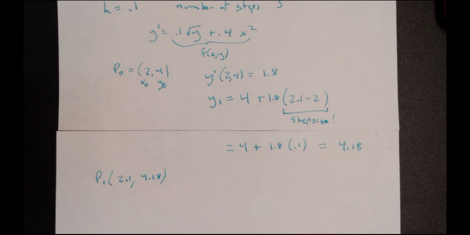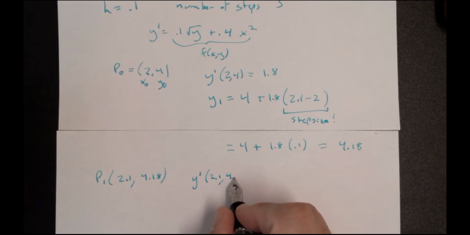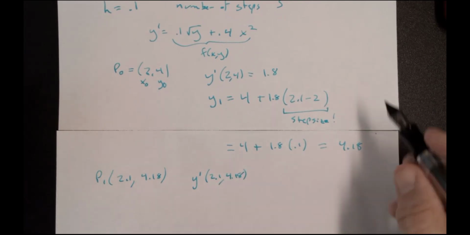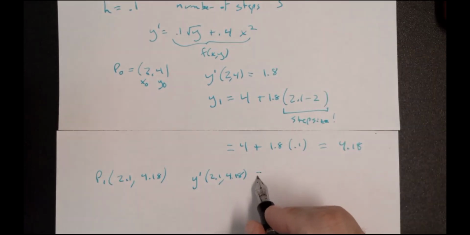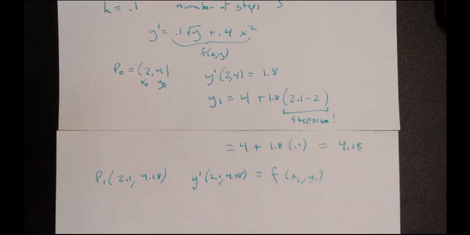I do it again, which means I need y prime of 2.1, 4.18. Or, since we called that f of x, y, that's f of x1, y1. Isn't it? And that's going to be my new slope.